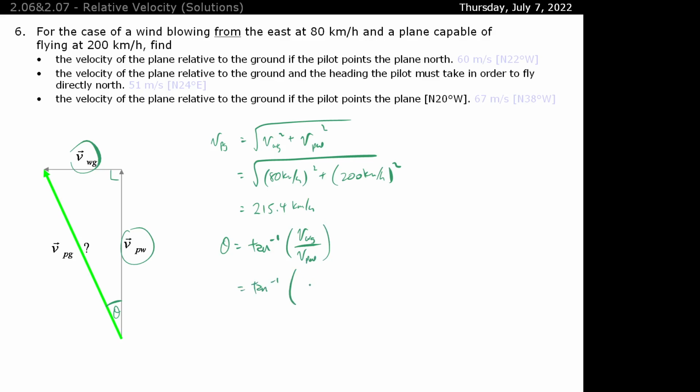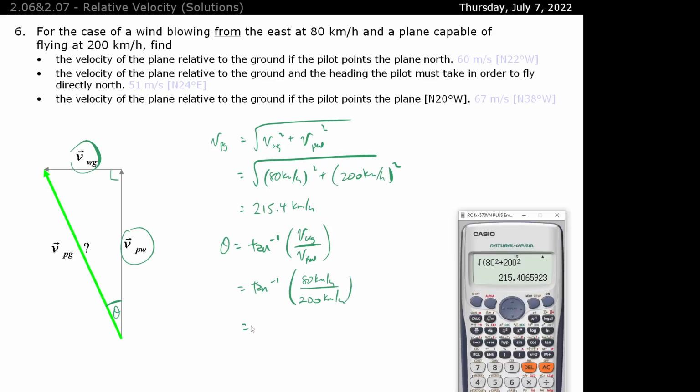Opposite is VWG at 80 kilometers per hour divided by our 200 kilometers per hour, which is equal to the shift tan inverse of 8 over 20. That would work out the same, giving 21.8 degrees.